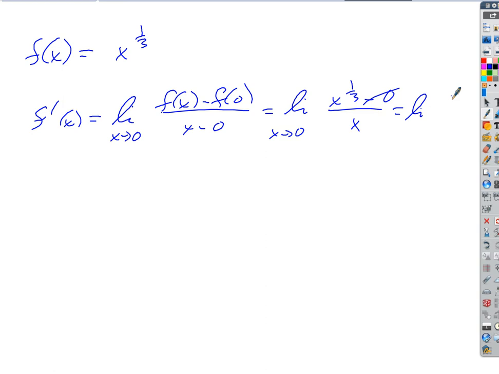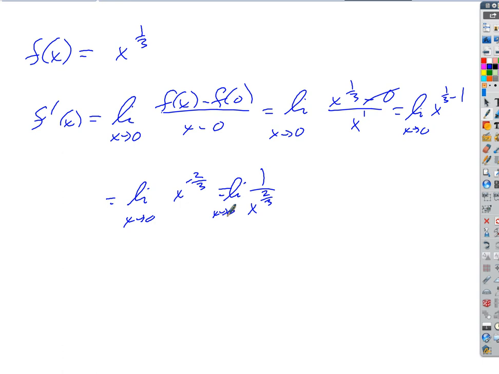Get back to properties of exponents. If I divide like bases, we subtract the exponents. So this would give me the limit of x to the 1/3 minus 1, which is the limit of x to the negative 2/3. Well, that's just 1 over x to the 2/3.